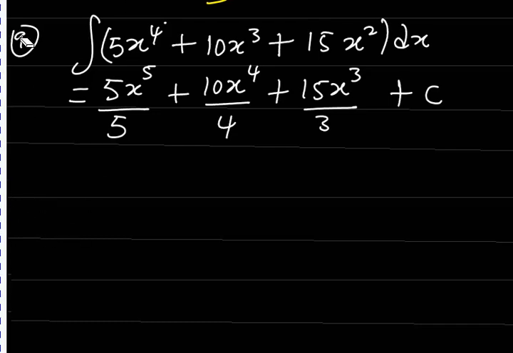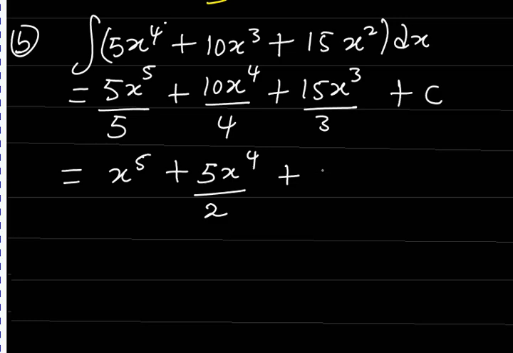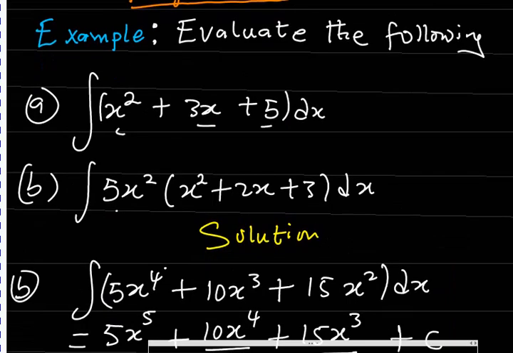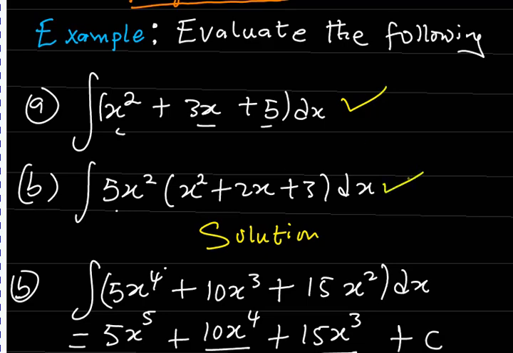Alright, so this is B. So this is going to be x raised to the power 5, 5x raised to the power 4 divided by 2, 5x raised to the power 3, plus C. This is the final answer. Alright, it's simple. So for a polynomial, just integrate the different terms of the polynomial individually.